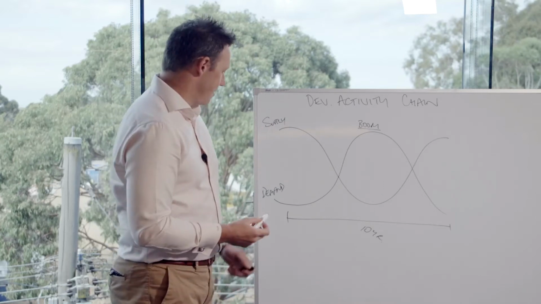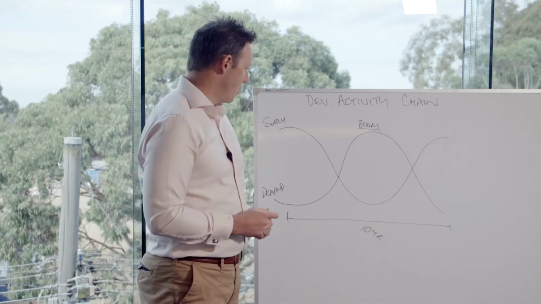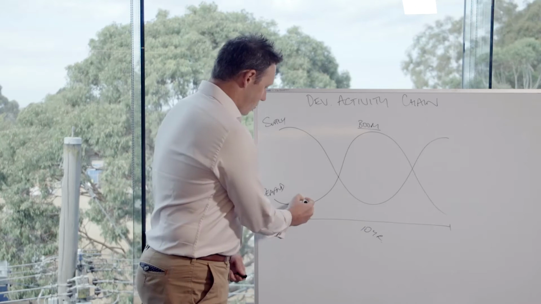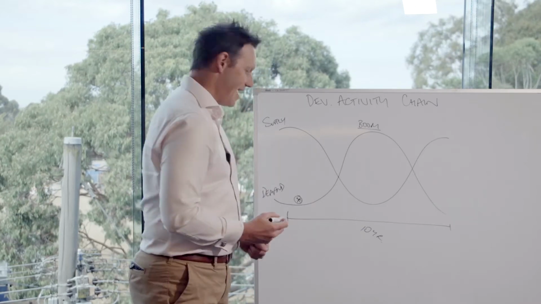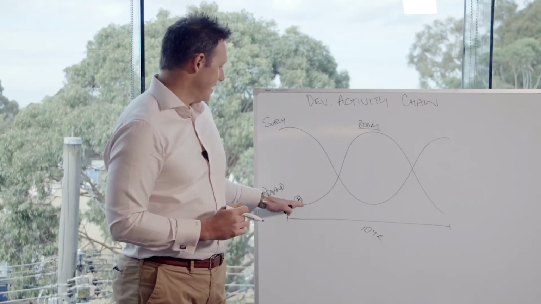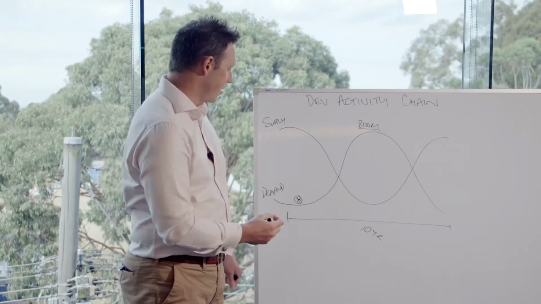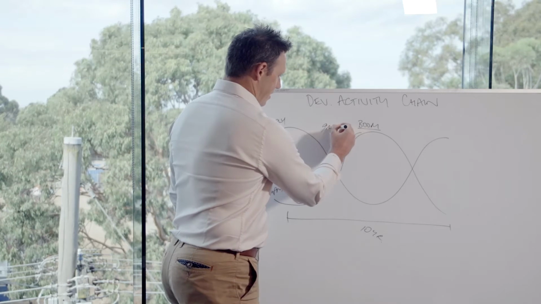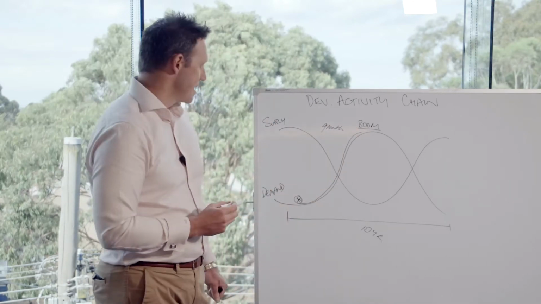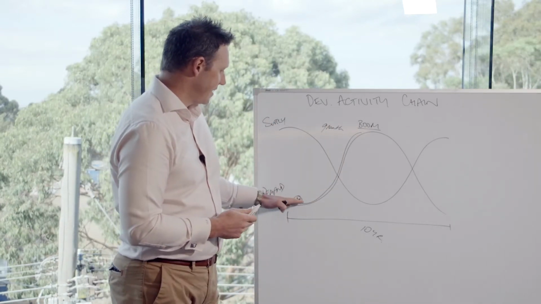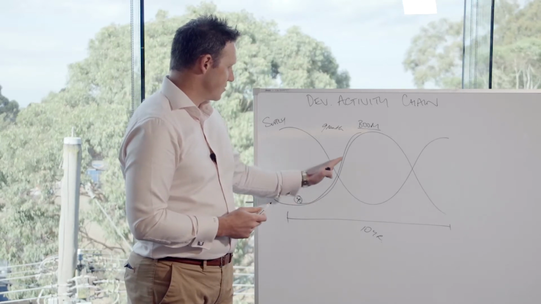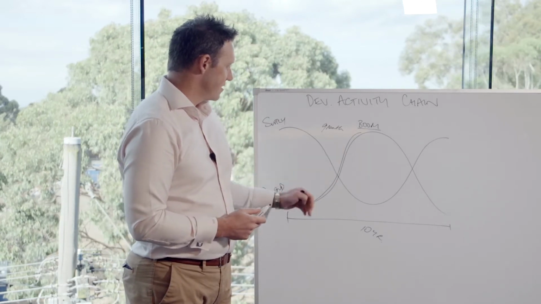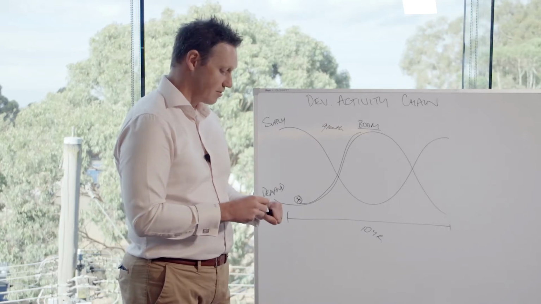Now, the ideal time to be buying is at the point when demand is just about to increase and really eat into that supply, because this period here is really the period of growth. So we're buying here, and as demand drives up and increases, this is when we see the price growth.